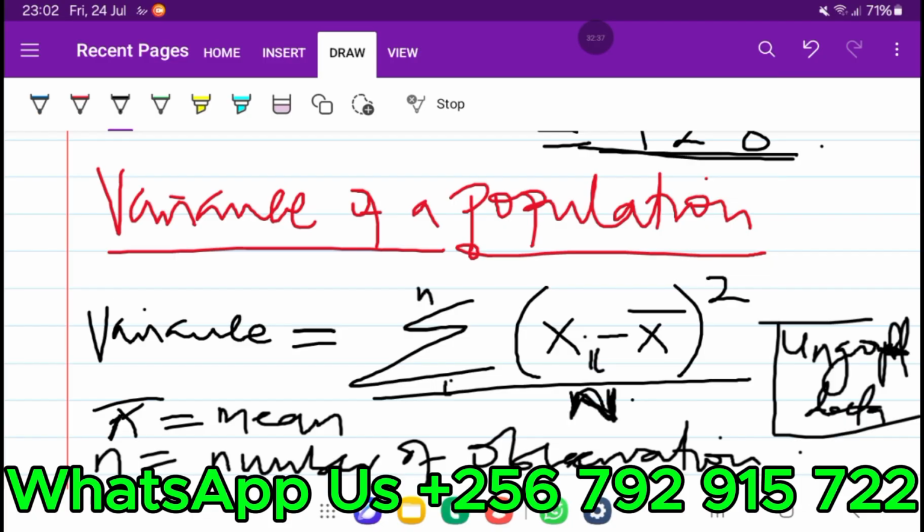Now, we are going to use the same question that we have just used to compute the mean deviation. Because it is the same formula, what is only changing is that we are squaring the values. We are squaring the absolute values.